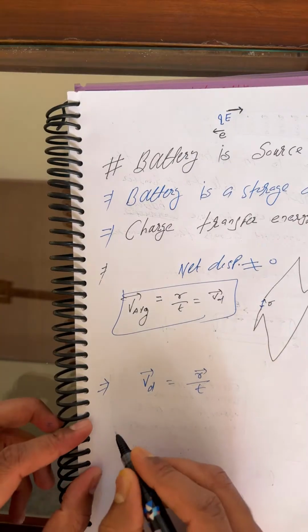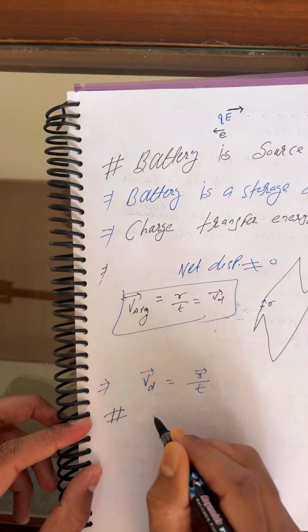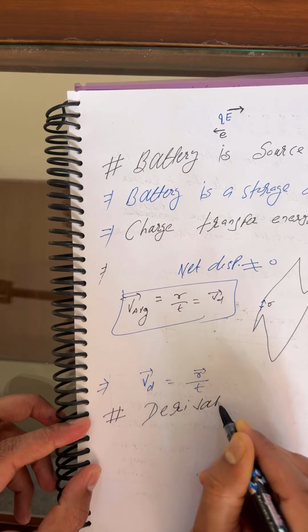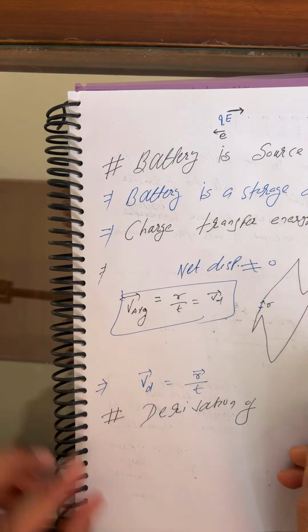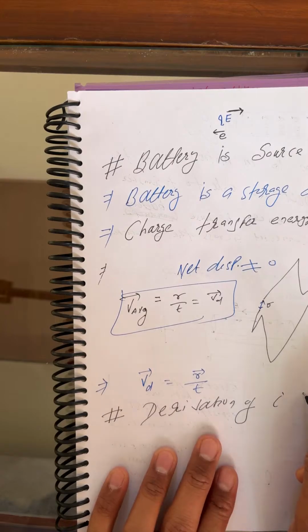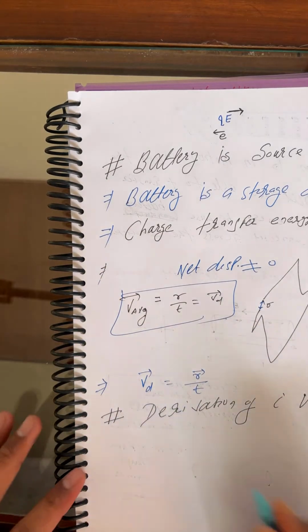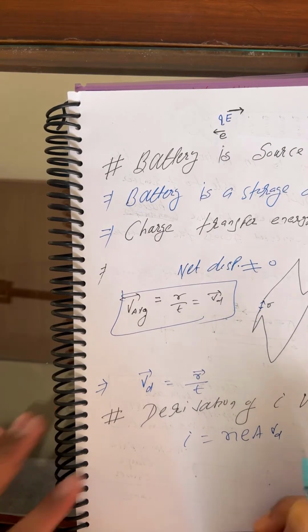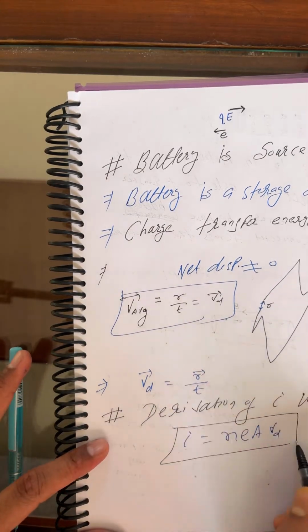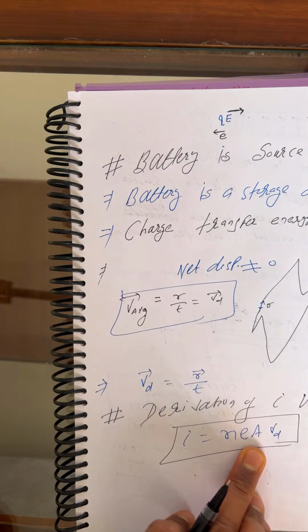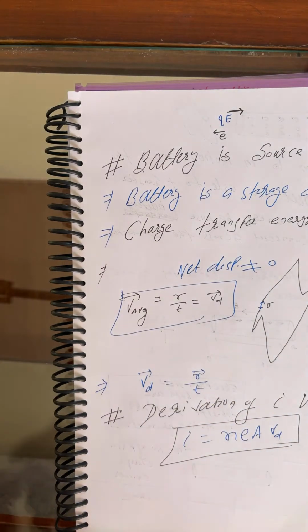Now I want to derive the result. This is a derivation of current in relation to the drift velocity. Simply, you can write I equals N E A V D, where N is the number of free charge carriers per unit volume, E is charge, A is the area of cross section, and V D is the drift velocity.